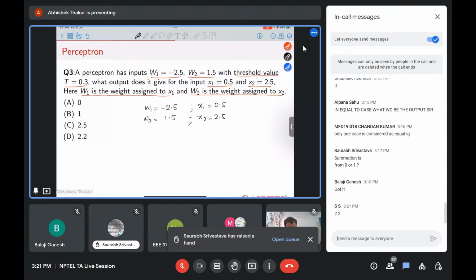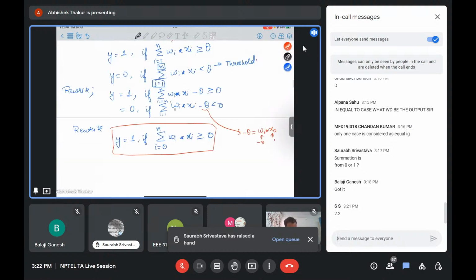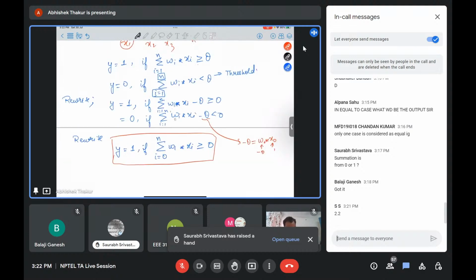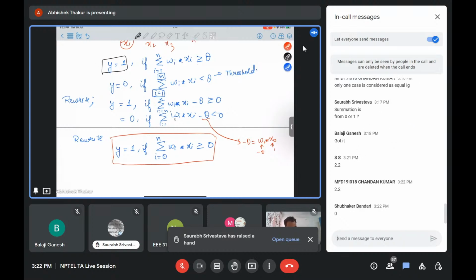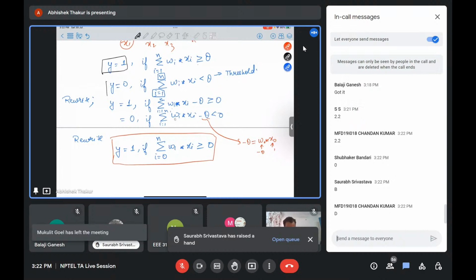So what output will this perceptron model give? What is the formula we have seen? If summation of Wixi is greater than threshold, then output is 1. If Wixi summation is less than threshold, then output is 0.